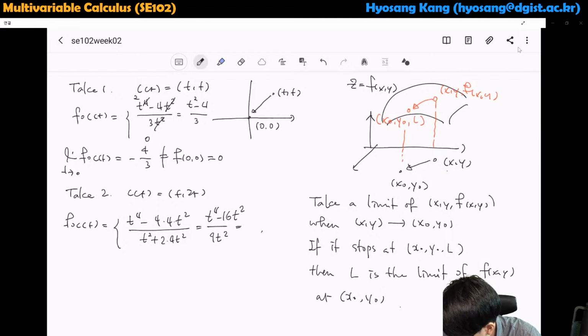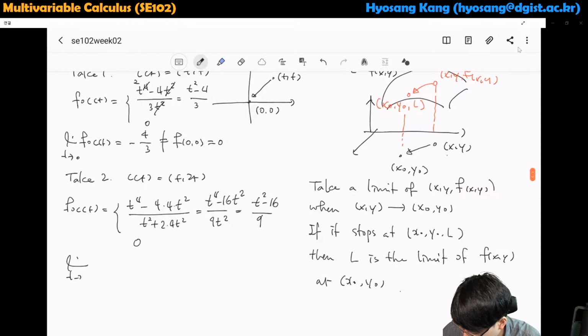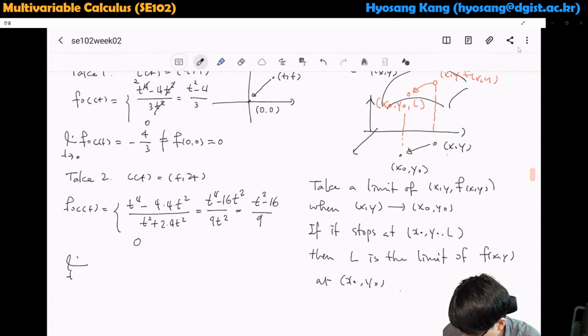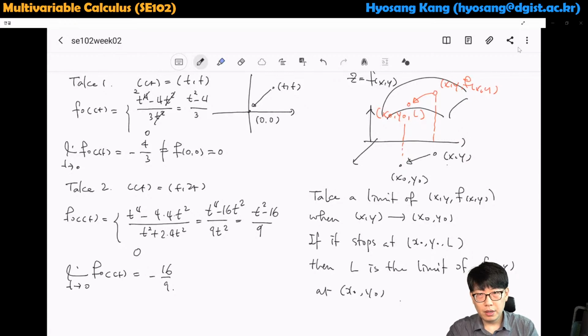If you divide that, you get t squared minus 16 over 9, then 0, right? So when t goes to 0, f composed with c(t) becomes -16/9. That's the blue line in the MATLAB we saw before: -16/9.